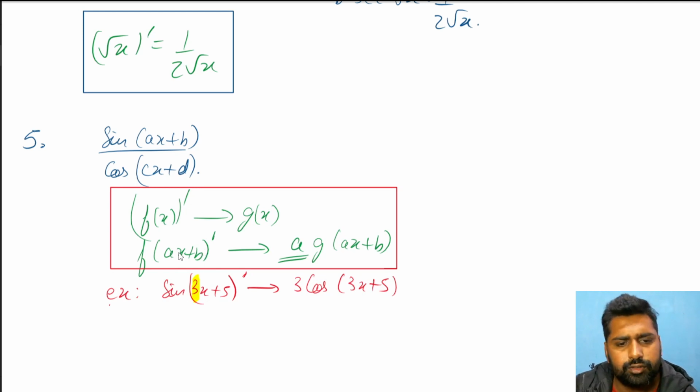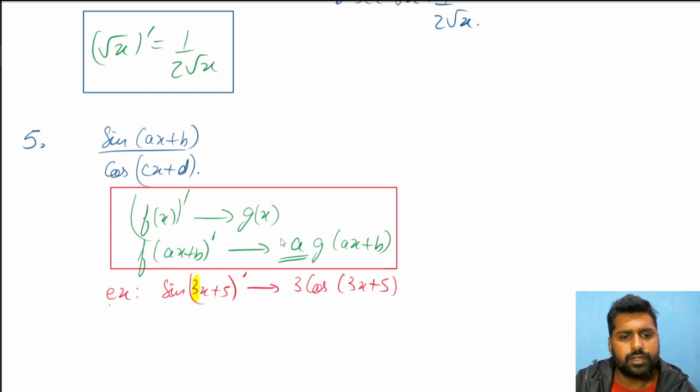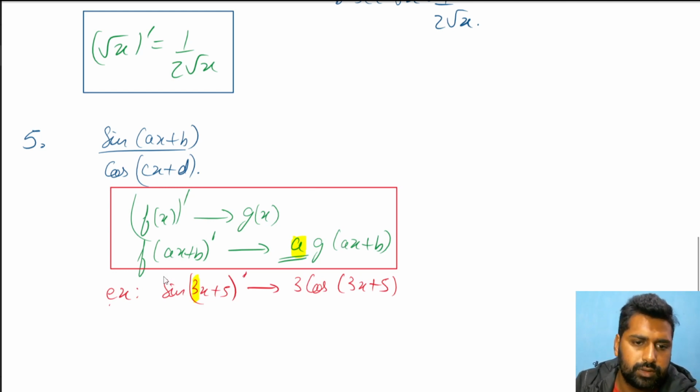Remember that the coefficient of a will come in multiplication, and this kind of rule comes in integration also. In there we'll talk about whatever is the integration of this factor. Right now it is coming in multiplication, there it will come in division. Okay, so remember the differentiation is same, it's just that coefficient of x comes out.